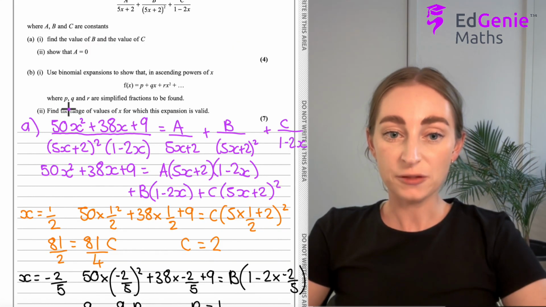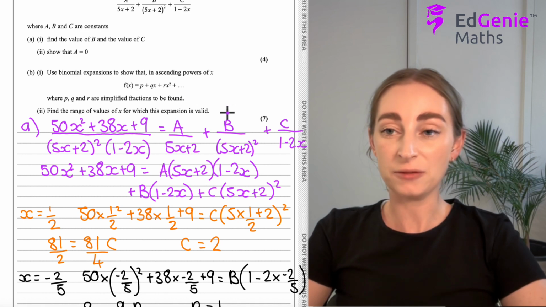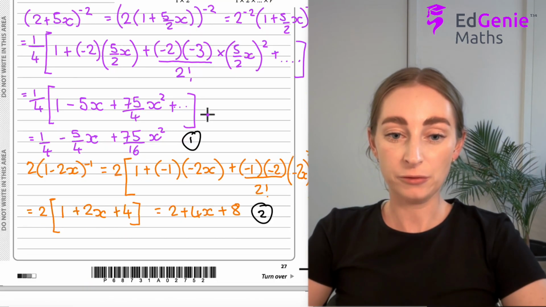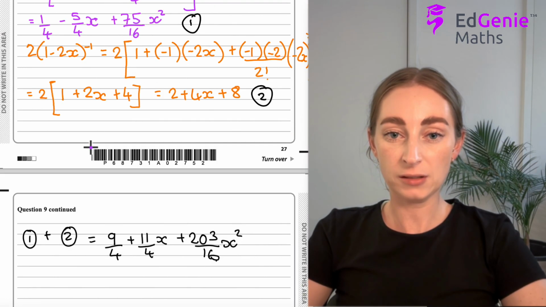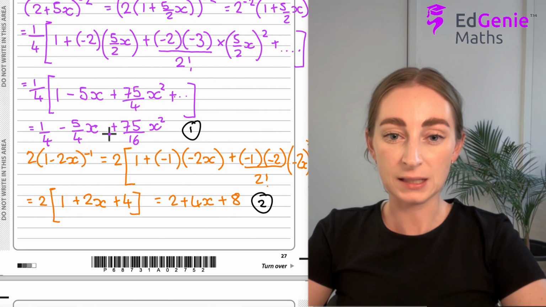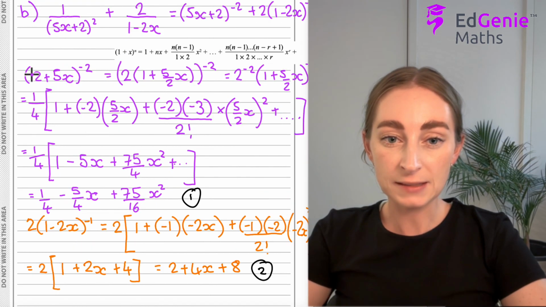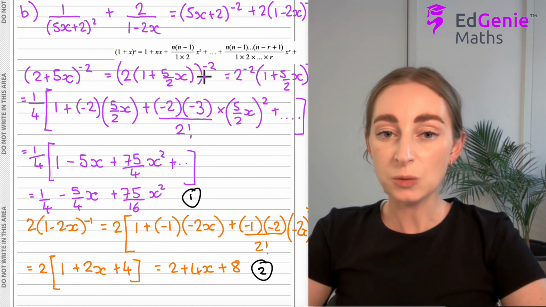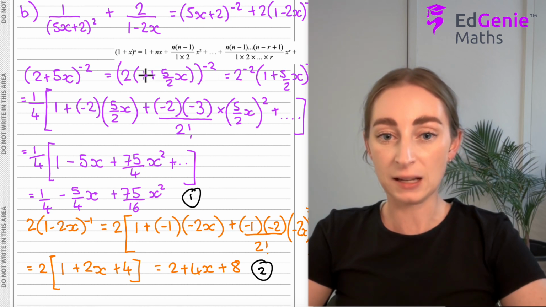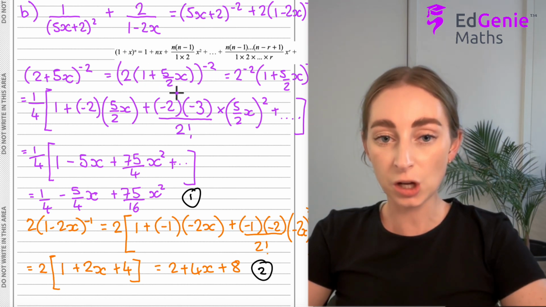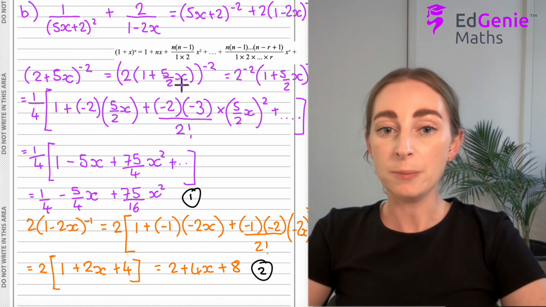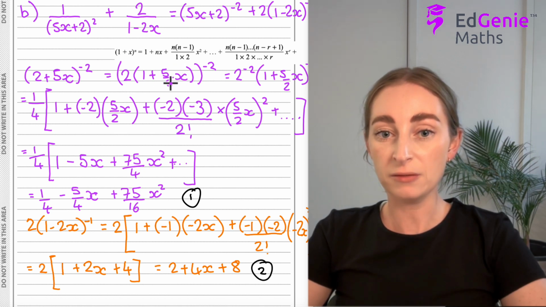So now it says find the range of values of x for which this expansion is valid. So for our first one that we did, so this one here, you want to look at it when you've taken out the factor. So it's going to be the modulus of 5 over 2x is less than 1.